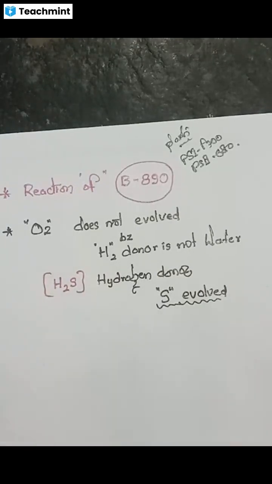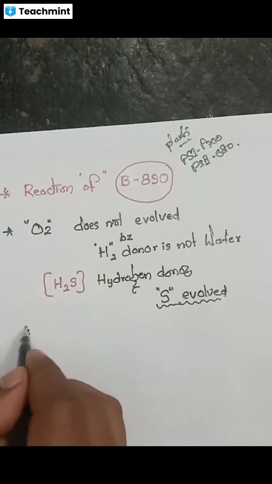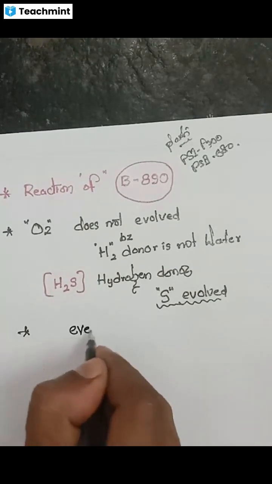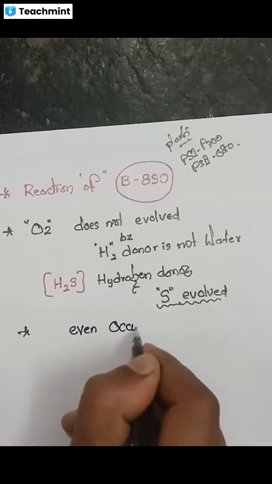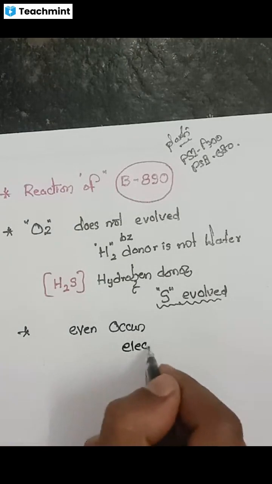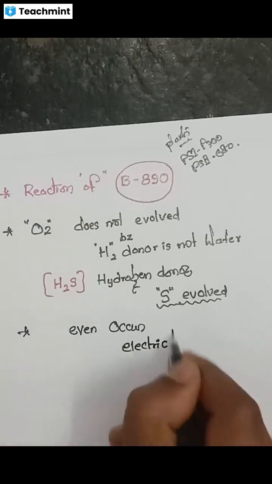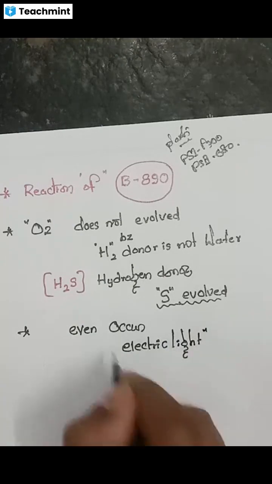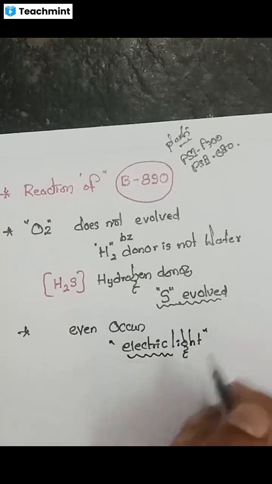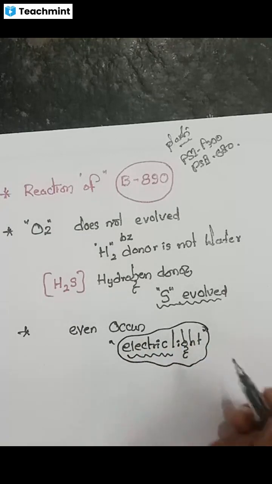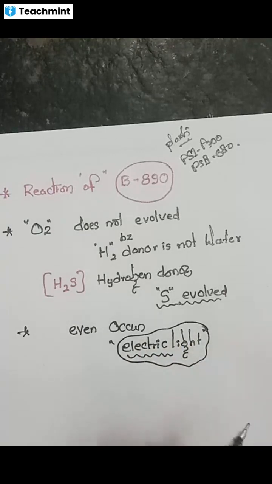And finally, the photosynthesis in bacteria can even occur in electric light. Generally, in electric light, photosynthesis is absent, but the bacteria perform photosynthesis even in electric light.